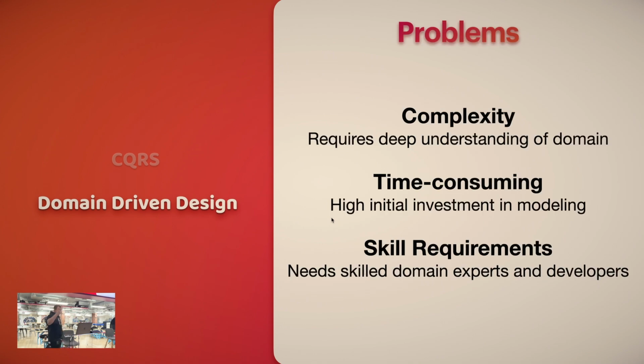The problems are that it's complex, it's time-consuming to talk about, and you need to have a team of skilled domain experts, which is actually something that you probably want in bigger enterprises, because someone needs to know how the business works.